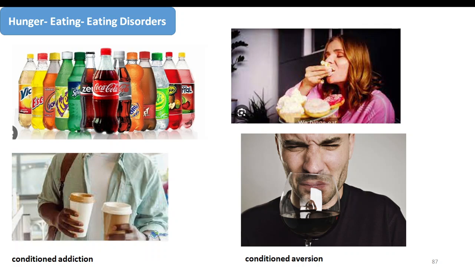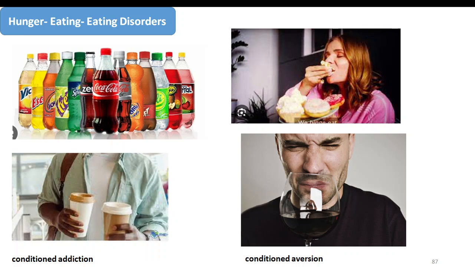The theory of classical conditioning has been related to a person's affinity, indulgence in eating. The experience with nourishing consequences of food leads to a gradual liking for its taste through a process that is essentially classical conditioning.